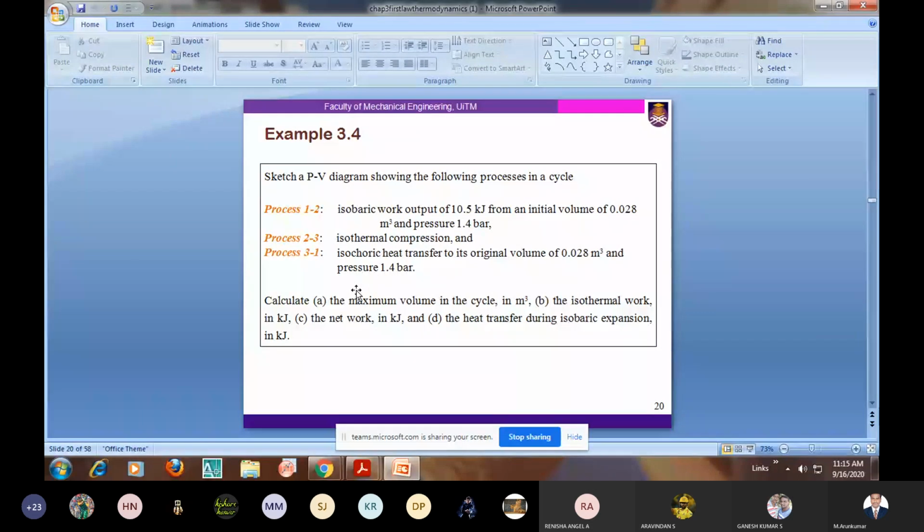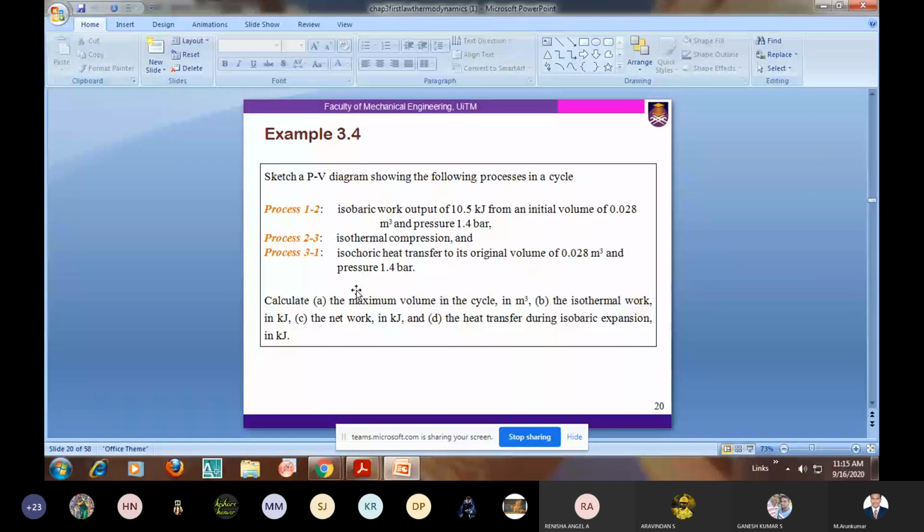Of 10.5 kilojoule from an initial volume, then the second process is isothermal compression.